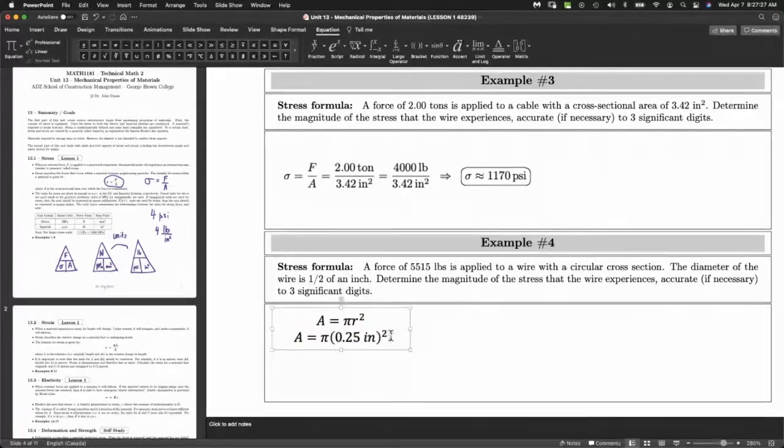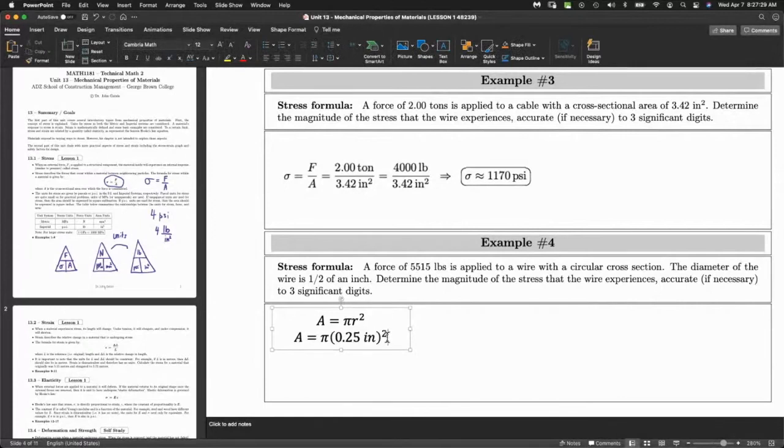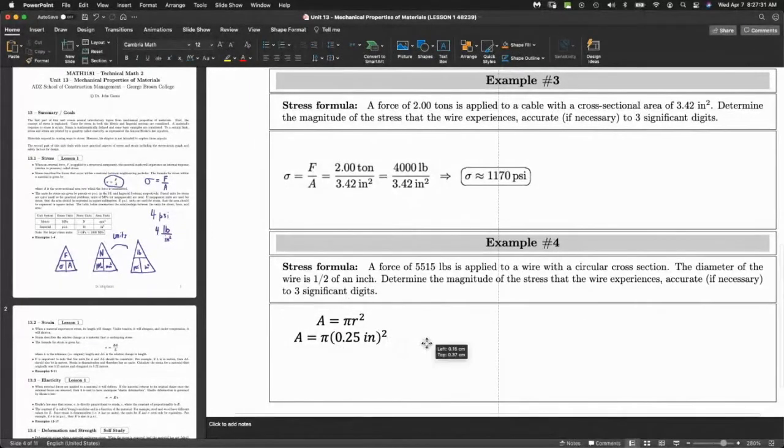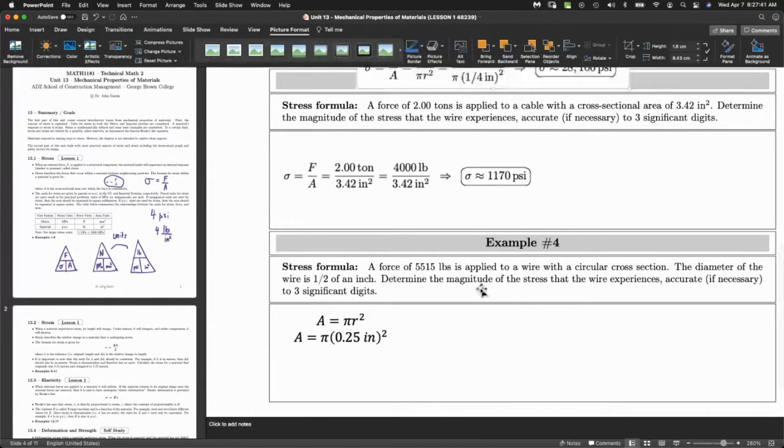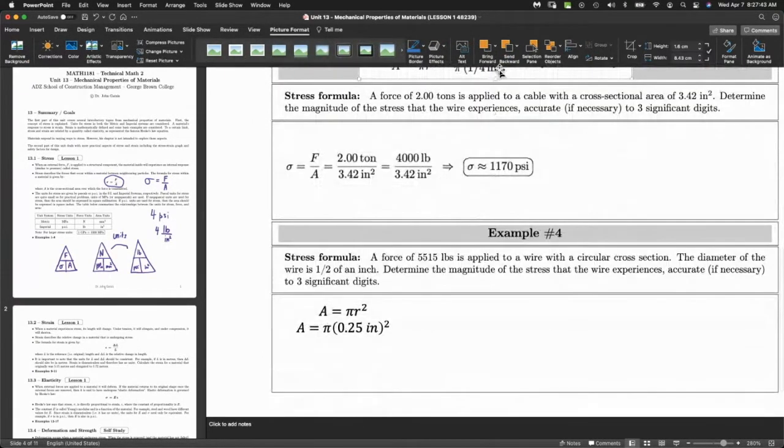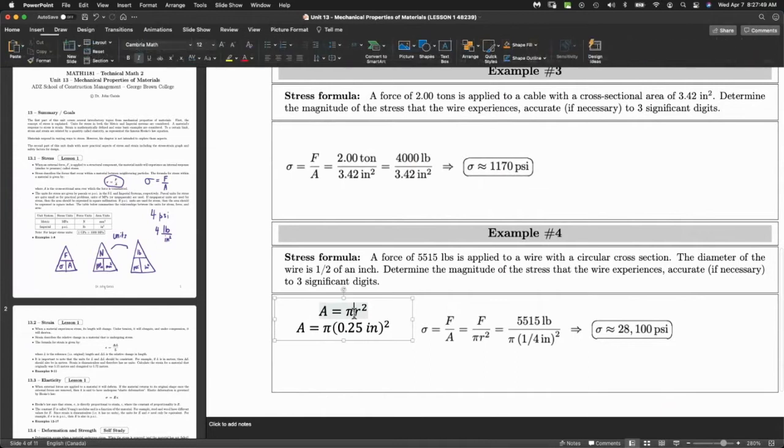So if you do that, I'm just going to leave it like that. You'll see why, because I've already typed it. I'm just being a little bit more economical with my presentation here. So there's the answer.